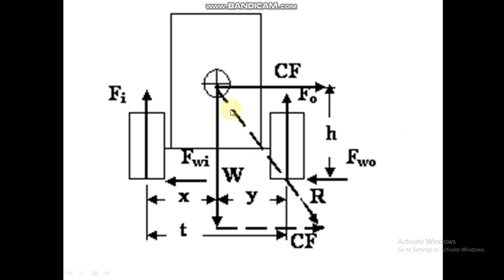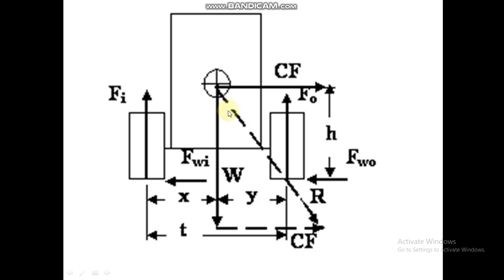So let's say there is an angle, which I am representing with my cursor, that is this angle. For example, say this is theta, and it is the angle between the two forces, that is W, weight, and R, the resultant of the two forces.